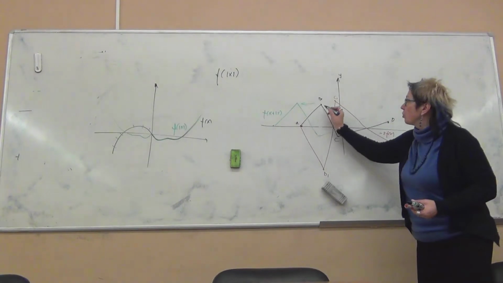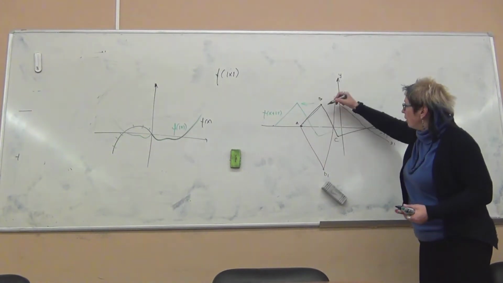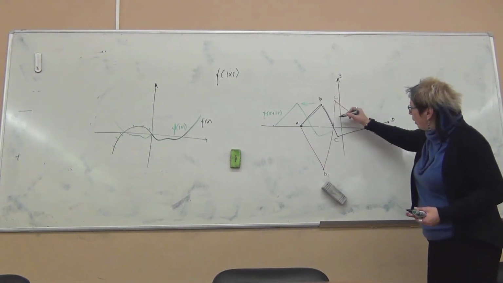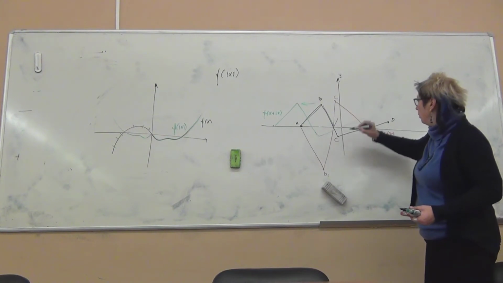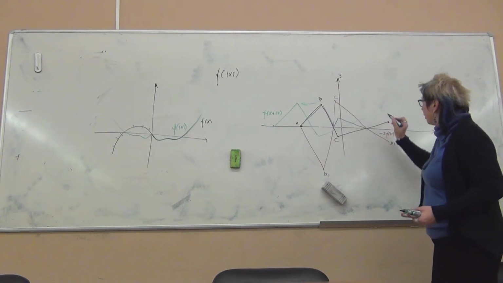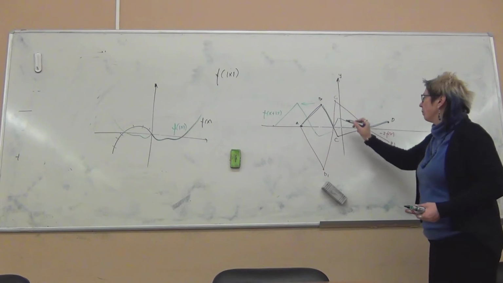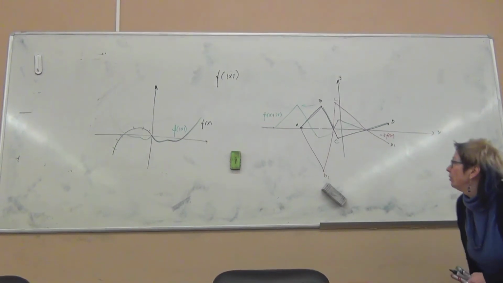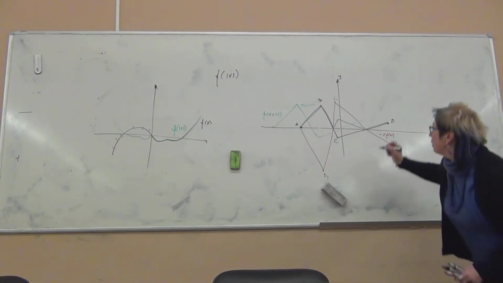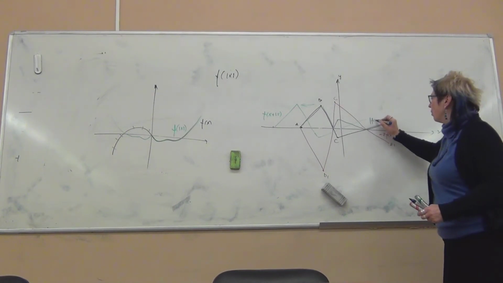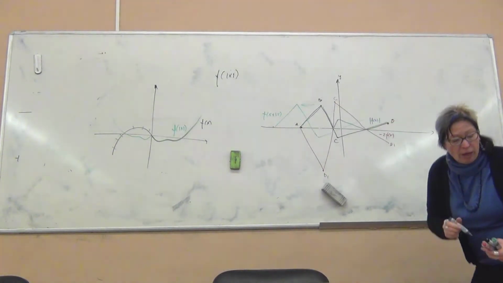So this part is good, this part is good, this part should be reflected upwards, and this part is good. So now this graph is absolute value of f of x.